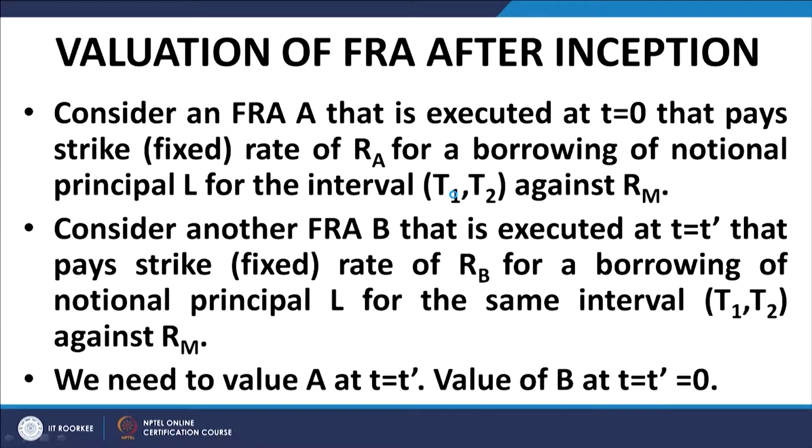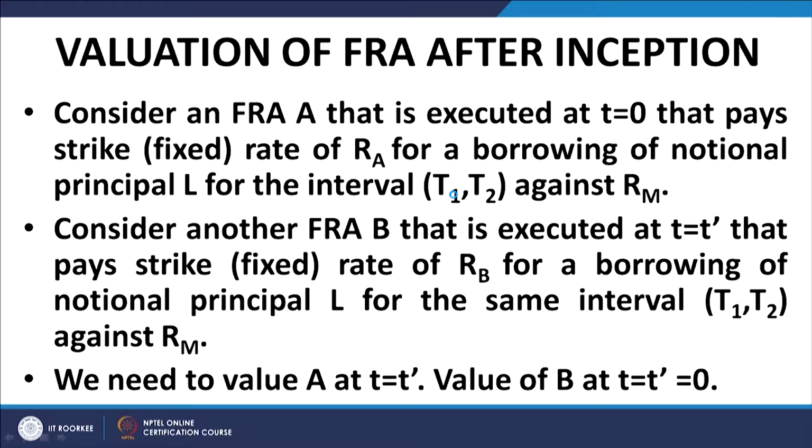So, let us consider FRA A, which is executed at t equal to 0, that pays the fixed rate RA for a deemed loan of amount L, the loan principal is L, and the FRA operates for the time interval T1 to T2, and obviously the floating rate is RM, as we have been denoting earlier.